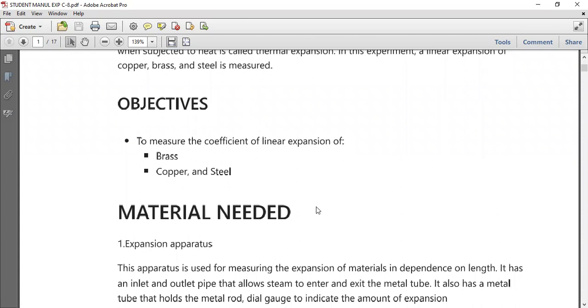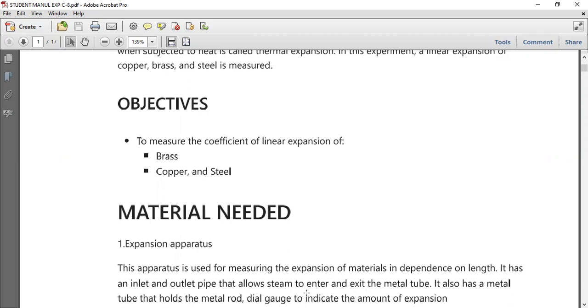We need the expansion apparatus. Expansion apparatus is just apparatus for measuring the expansion of materials in dependence of length. It has various parts. It has an inlet and outlet pipe that allows steam to enter and exit the metal tube.